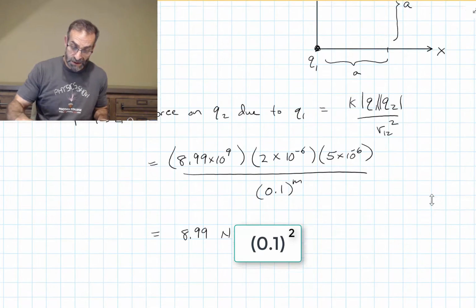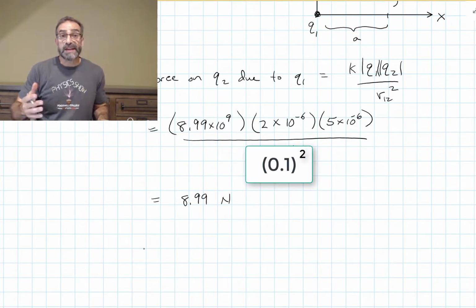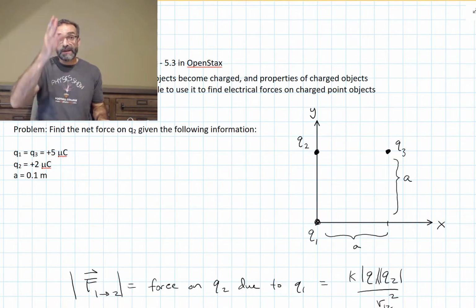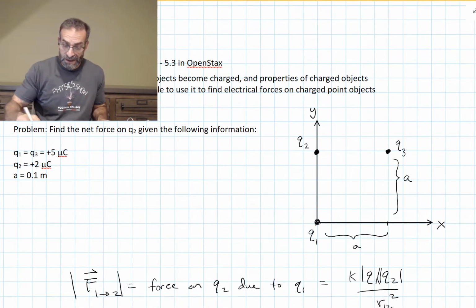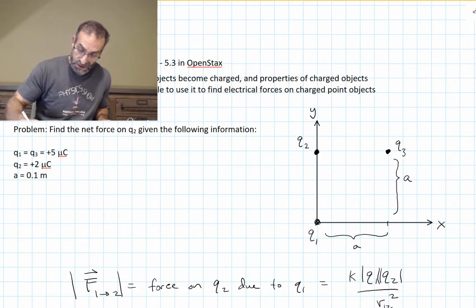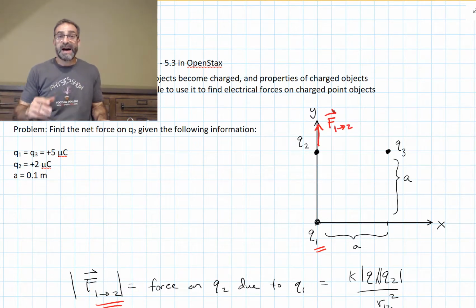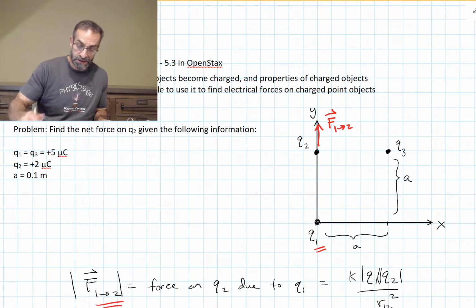Now, of course, we need the direction. So Q1 and Q2 are on the y-axis, and they repel each other. They're both positive. So if I use red for my force from 1 on 2, the force would be pushing Q2 in that direction, in the positive y direction.